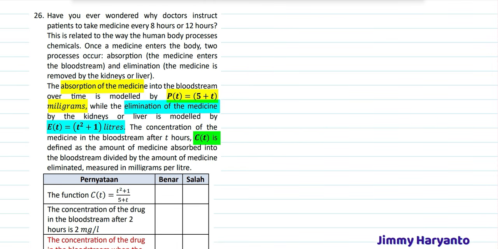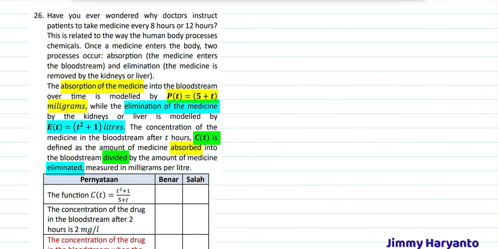C(t) is defined as the amount of medicine absorbed divided by the one eliminated. So the absorbed is the yellow one and the elimination is the blue one.